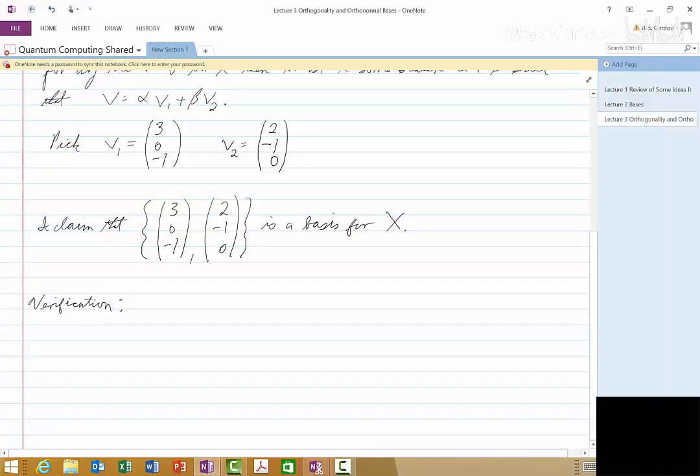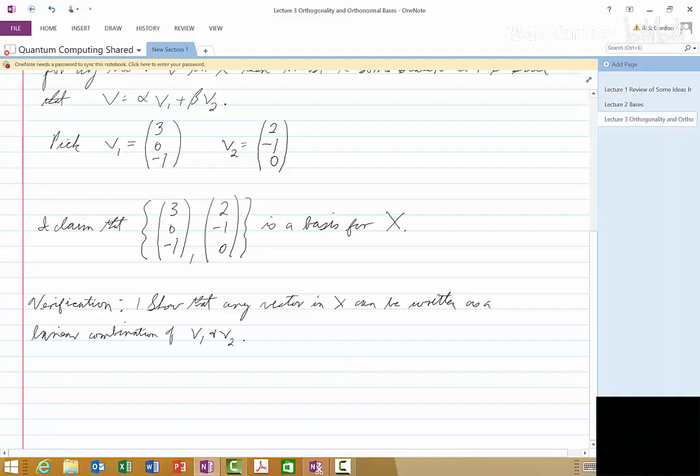Okay, and remember that the verification consists of two things. Show that any vector in X can be written as a linear combination of v1 and v2.